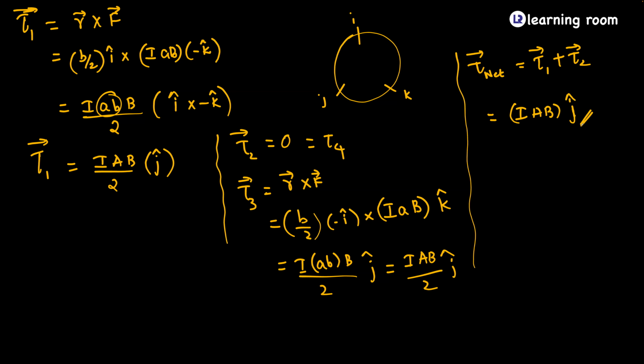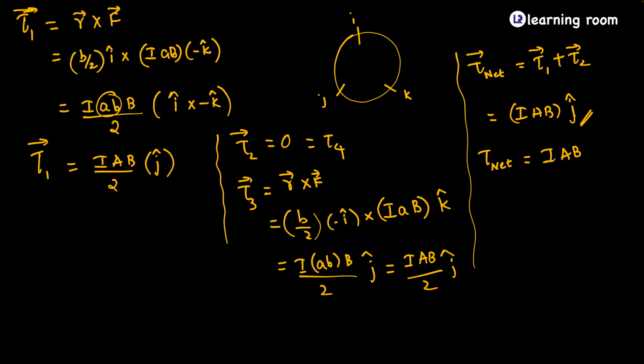But don't memorize the J cap because J cap is specific to this particular derivation. If I write it only in terms of magnitude, the net torque experienced by the system is going to be I into capital A into B. And remember, I into A into B is happening only for one loop.